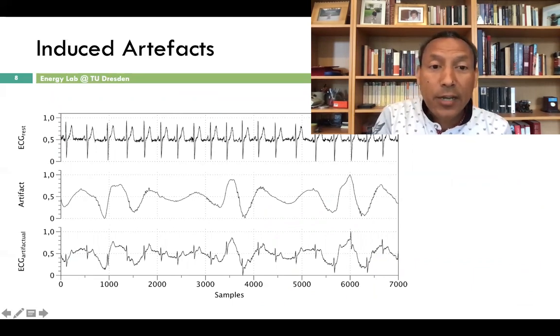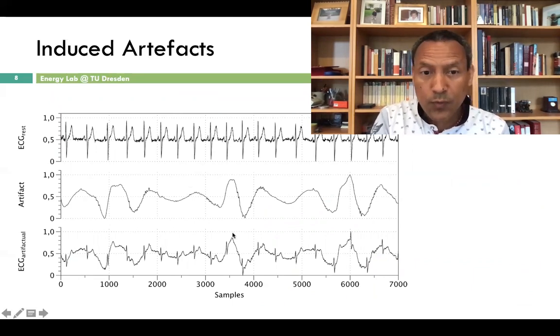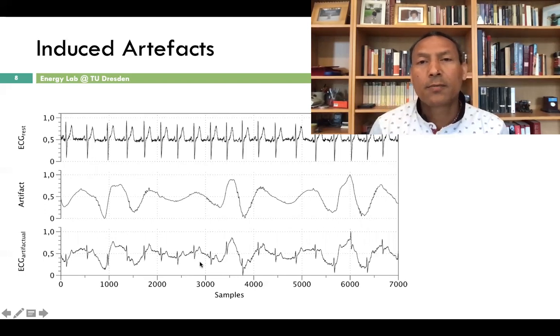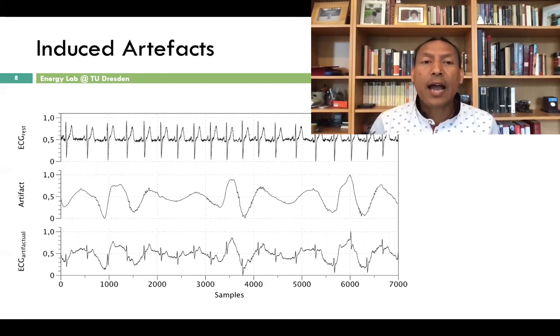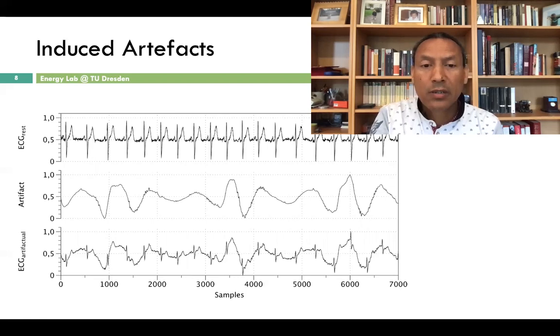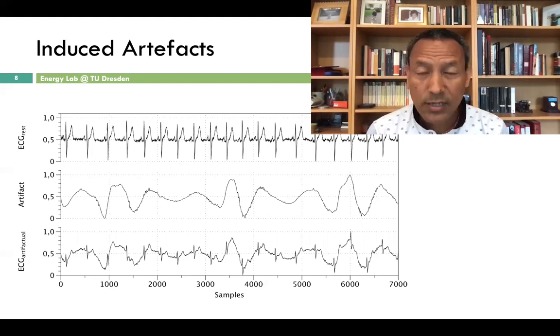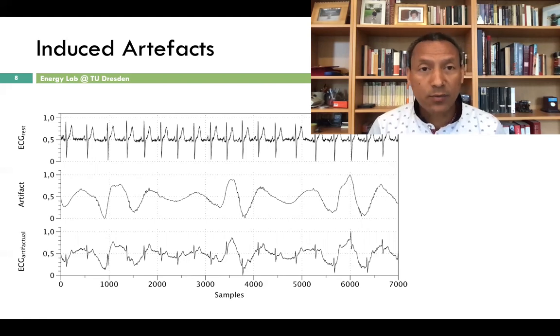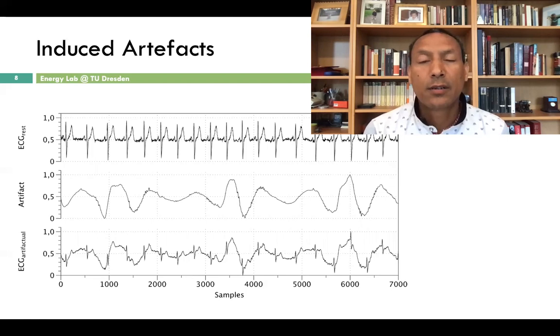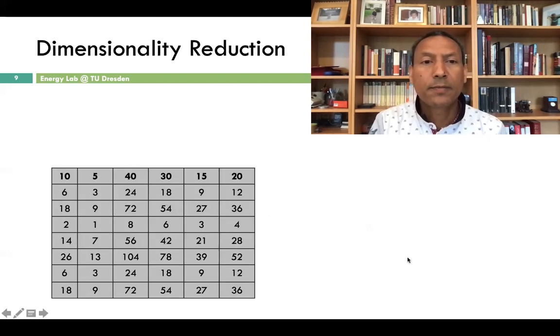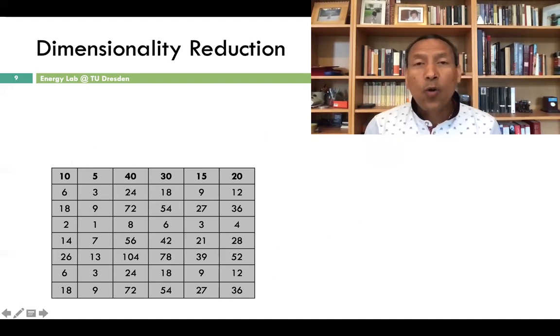Now we can deliberately mix these two to corrupt the ECG signal and then apply our approach on this one to see if it can separate them. If it separates them, then the approach works. Then from then onwards, we can use it for any type of movement and for any type of deployment. This is our purpose.